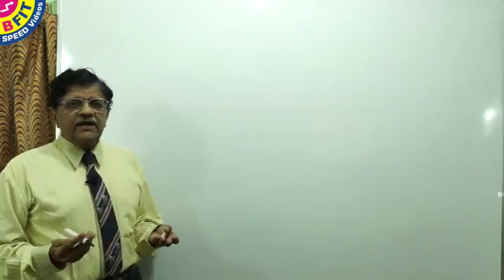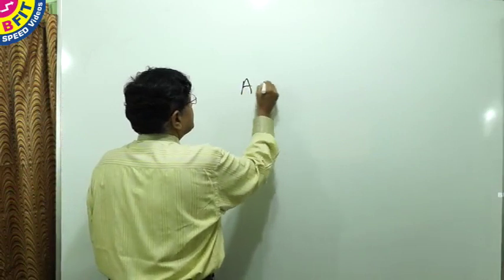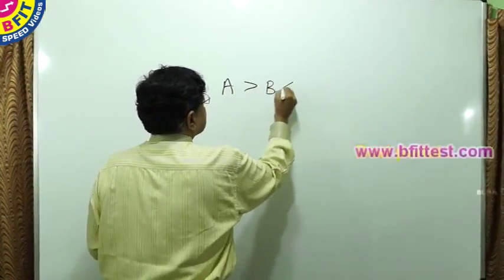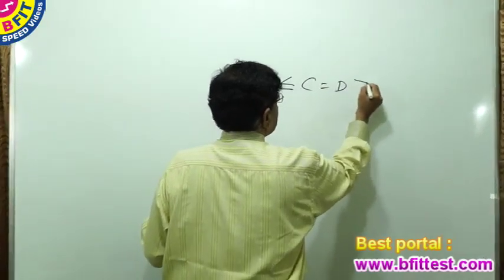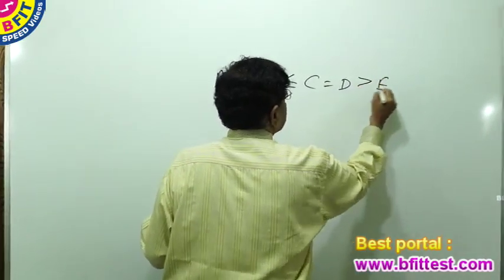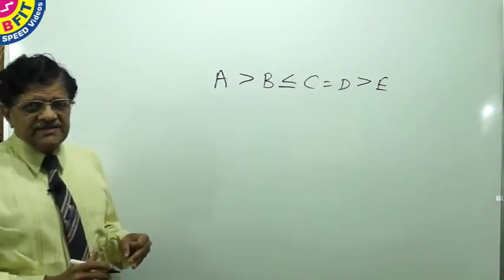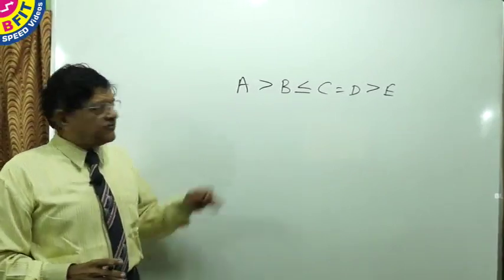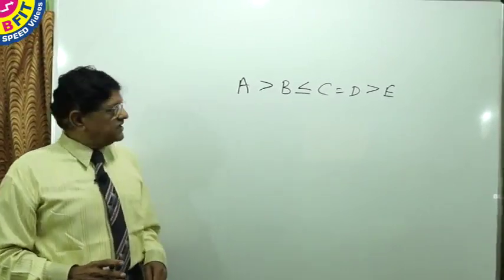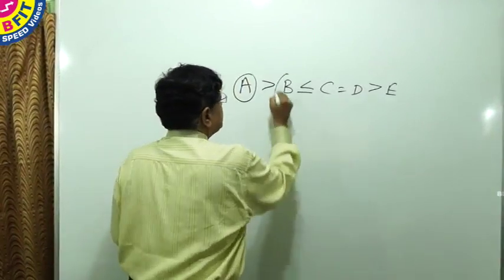Now under the coded inequality problem, normally we have A is greater than B, is less than or equal to C, is equal to D, is greater than E, like that it goes on. Now in this lesson, we are going to use some terminology about which clarity is very important. Therefore, I am explaining this in the beginning itself. Now, these are called elements.